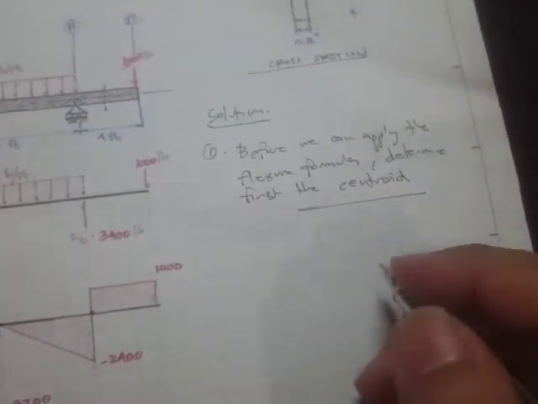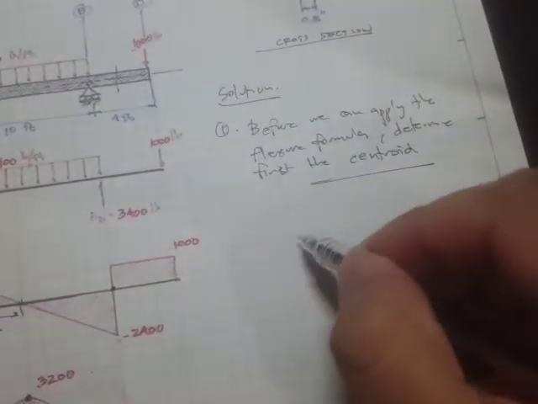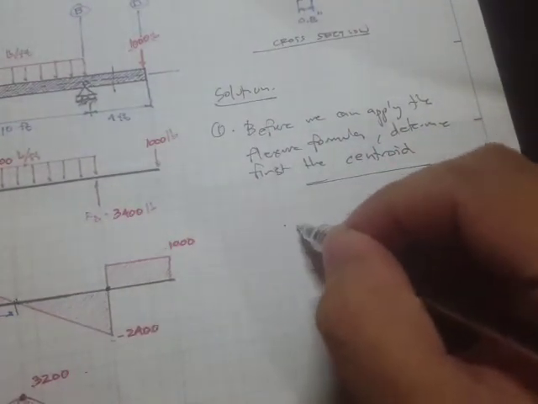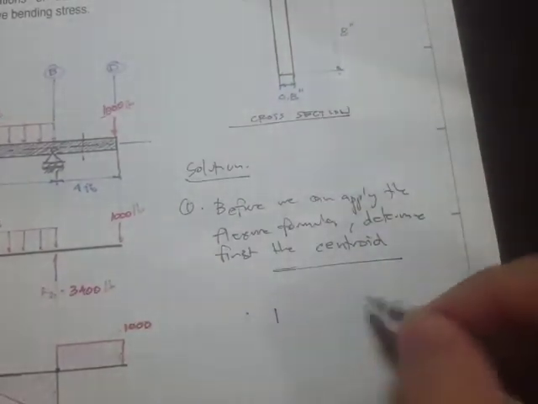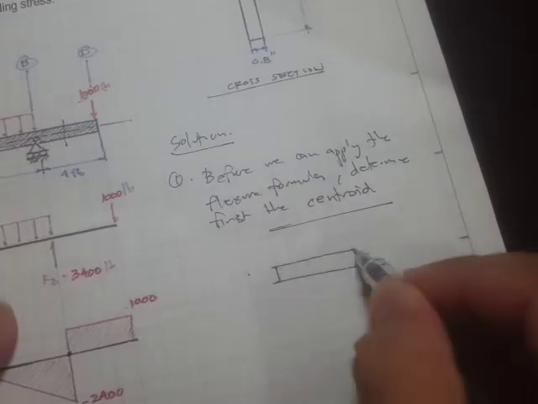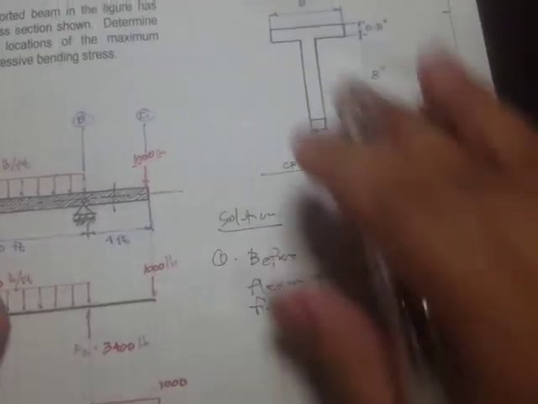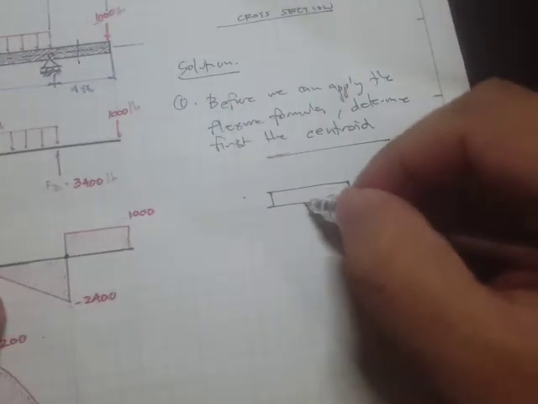To do that, let's draw it here. Let's divide this T-section into two areas.